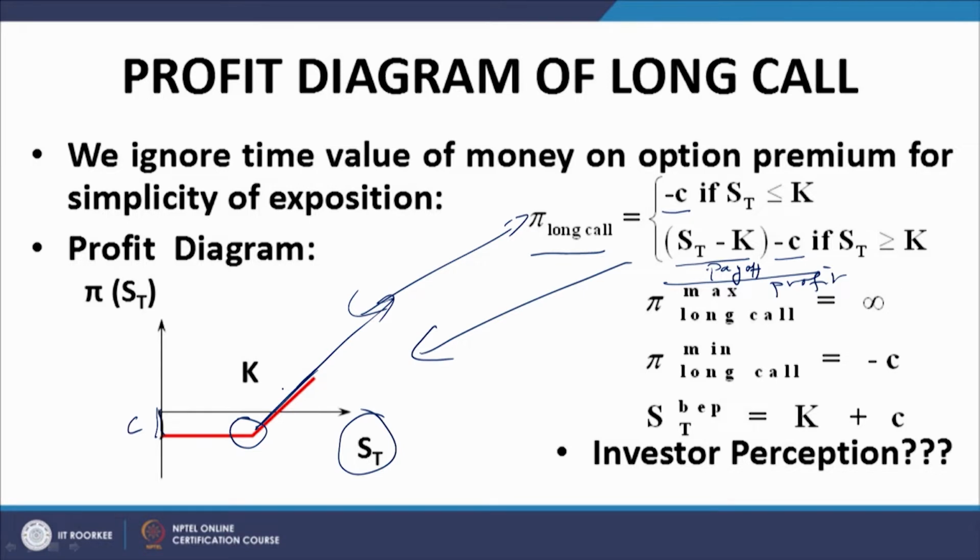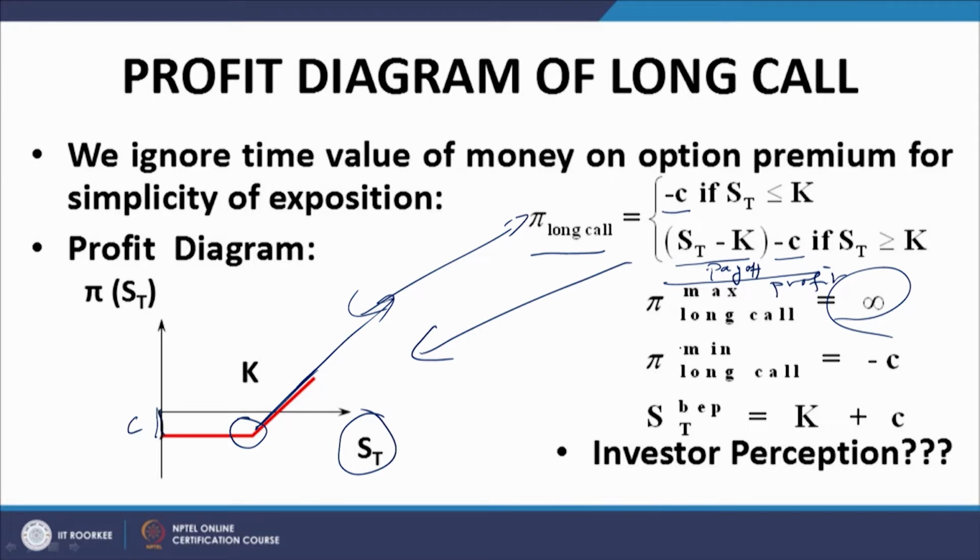In fact, there is a one-to-one relationship. If the stock price exceeds K, then a 1 unit increase in the stock price will correspond to a 1 unit increase in the profit arising from the long call position measured at maturity. So, the profit is unbounded.